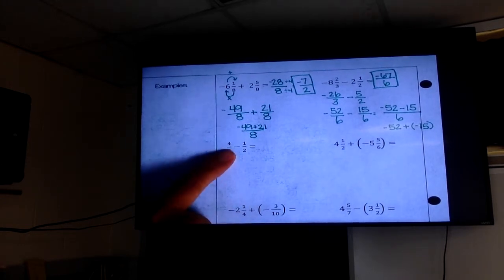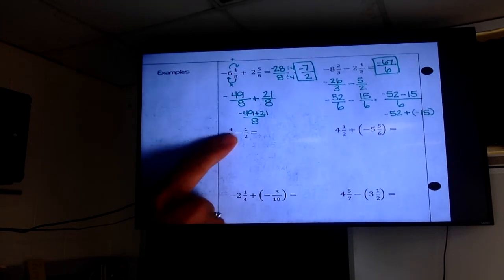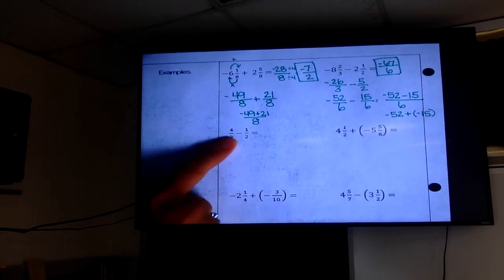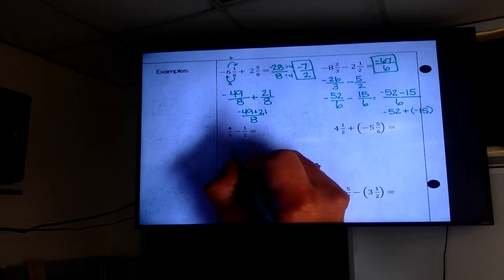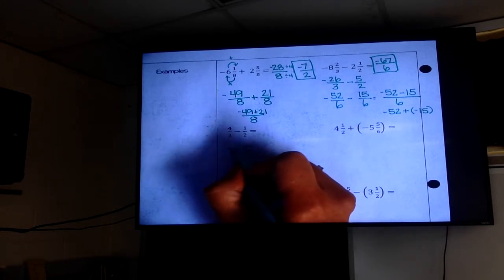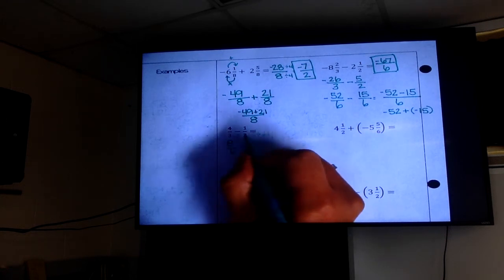All right, here I have 4/3 minus 1/2. Here, it's already been made into an improper fraction for me. So I just need to come up with a common denominator. And again, my common denominator is 6. So 3 times 2 gave me 6. 4 times 2 is 8. 2 times 3 gave me 6.